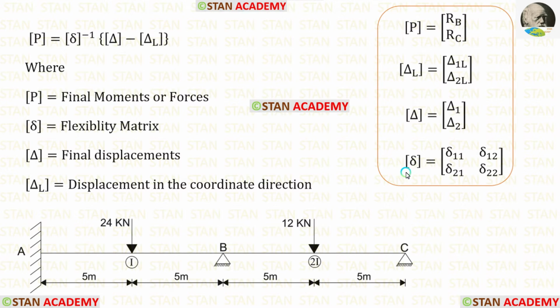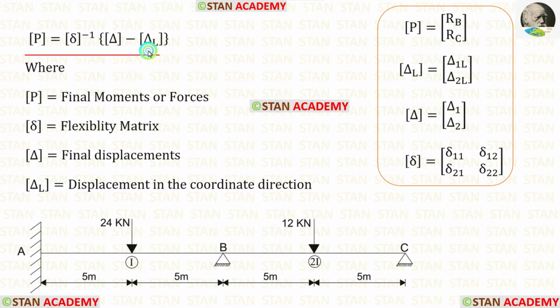Since we have two coordinates, the size of the flexibility matrix will be 2 cross 2. Inside the P matrix, we will have the reactions RB and RC because these are the reactions we have removed.